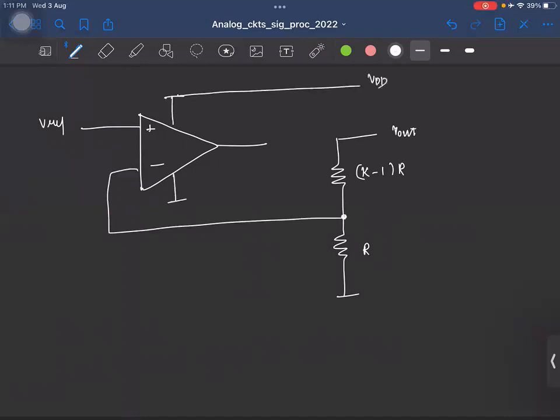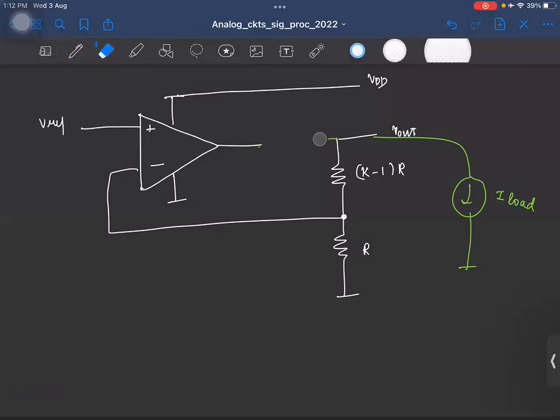So earlier what we did, we simply connected the op amp output to the output voltage, and that was forcing the load current to be also delivered by the op amp. Now I don't want to do that. Okay, I want to provide some other path for this load current to flow from the supply. Okay, so let us say earlier you connected it like this. What is the total current flowing here?